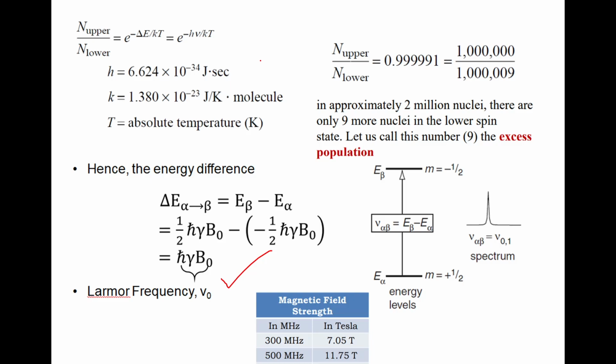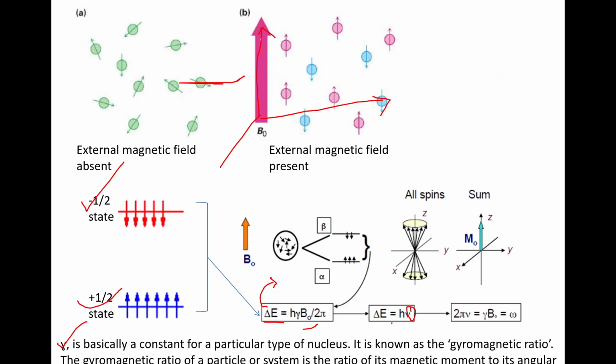But for protein crystals which have a larger size, to get a very high resolution you require a very high magnetic field, because this energy barrier is proportional to the external magnetic field, as you can see from this equation: delta E equals h gamma B naught. Gamma you cannot change, but the more you change B naught, the more energy barrier you get, which will help you differentiate between two energy barriers easily.